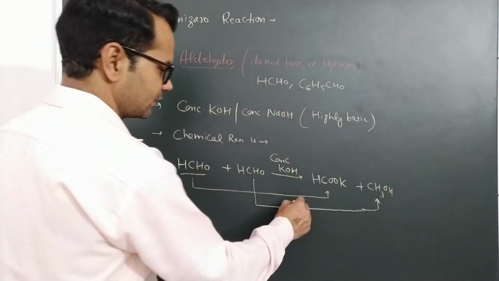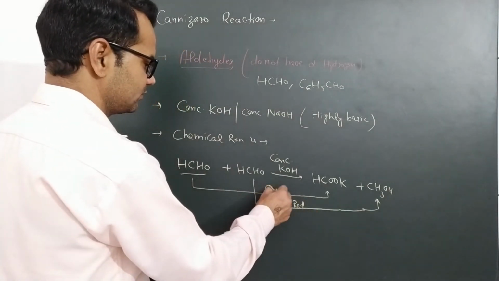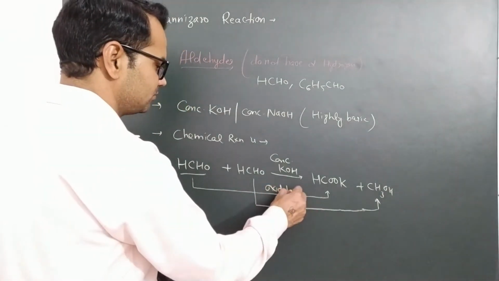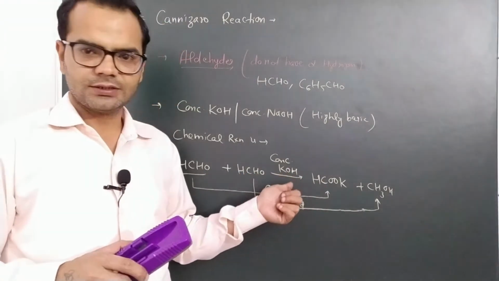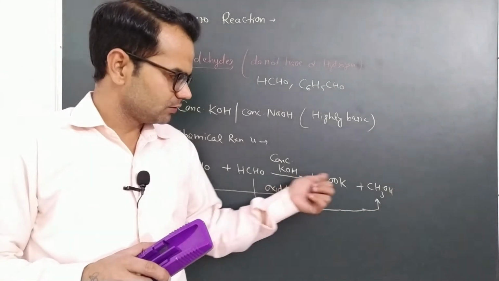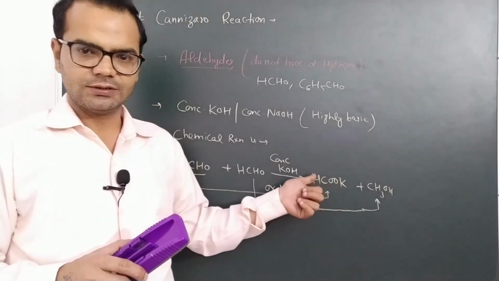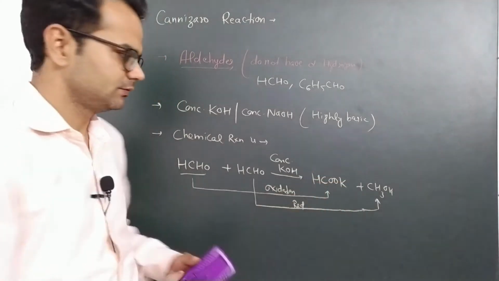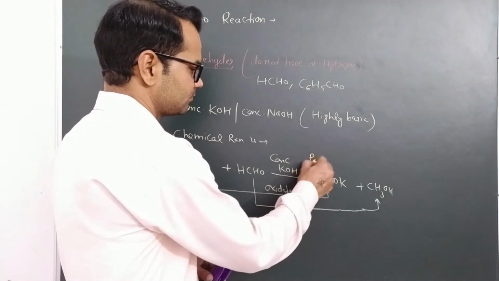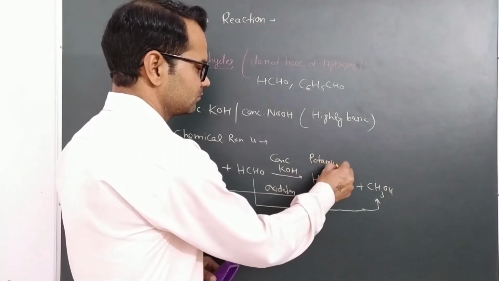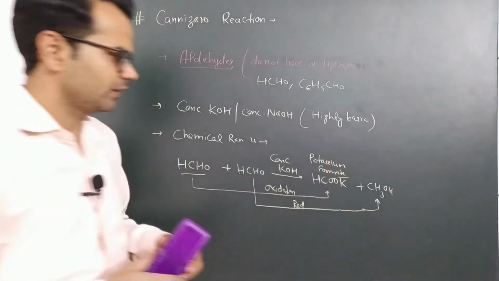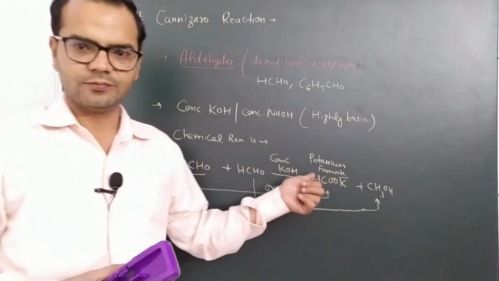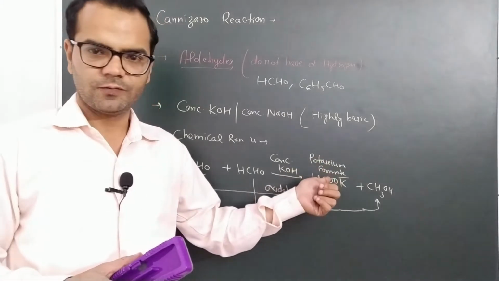So this is reduction and this is oxidation. In the oxidation reaction we form a potassium salt. This is potassium formate, the salt of formic acid.